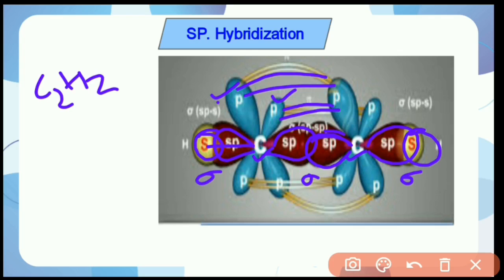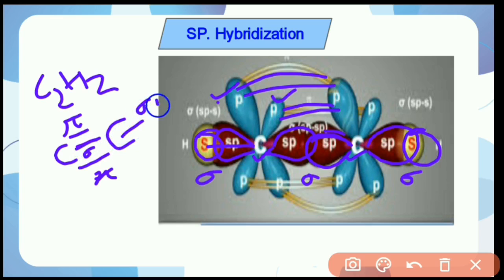So when we see the line structure of the alkyne molecule, it makes one sigma bond and forms 2 pi bonds with the unhybridized orbitals. So in this way, the triple bond is formed between 2 carbon atoms and 1 sigma bond is formed with hydrogen. So in the alkyne molecule, each carbon atom is sp hybridized.